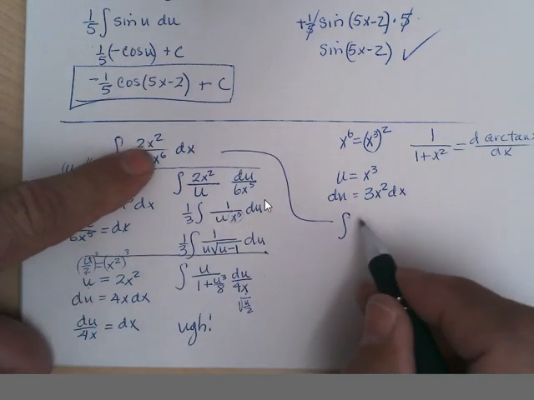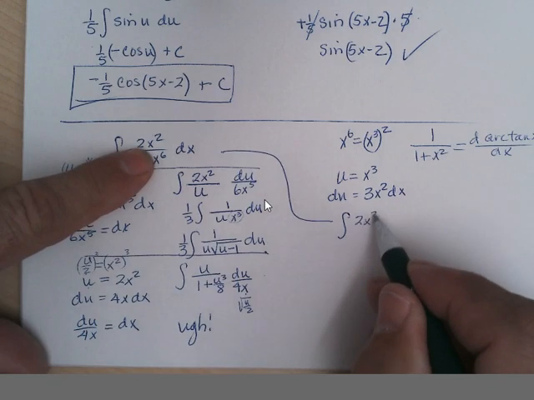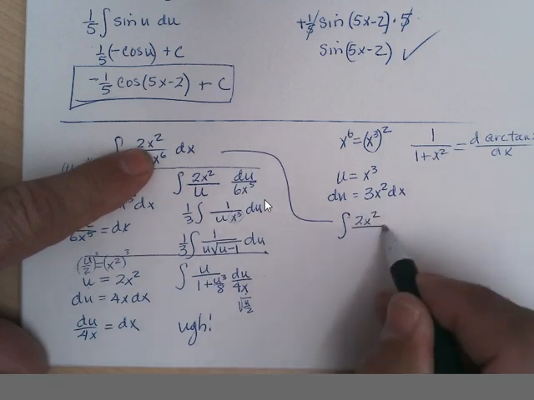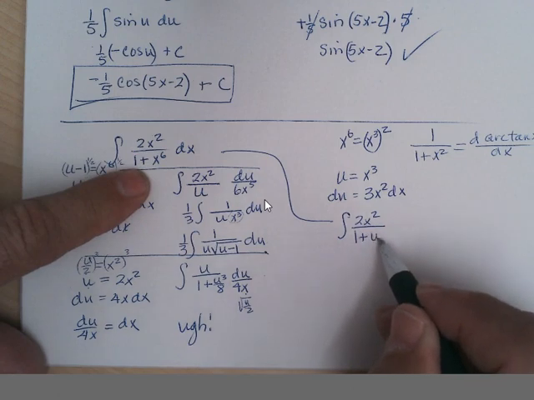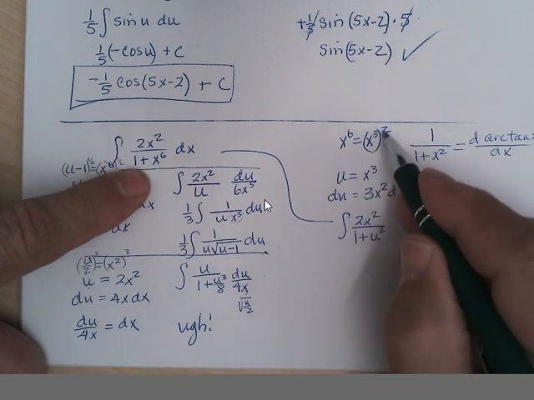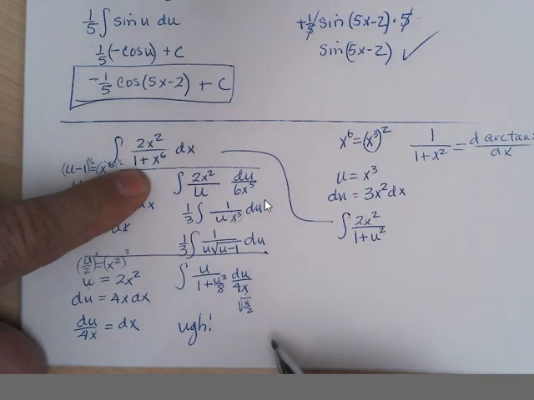Don't have something for the 2x squared. The denominator would become 1 plus u squared. u squared would be x to the 6th.